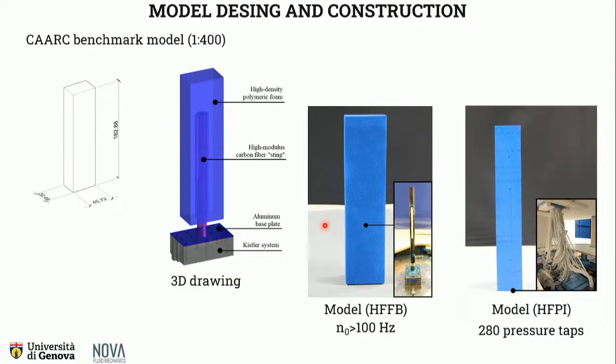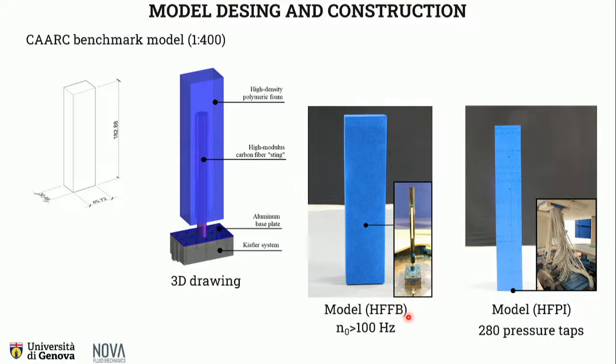The second phase is model testing and construction. So we tested the CAARC benchmark model at a geometric scale of 1 to 400. And we performed both high-frequency force balance and high-frequency pressure integration tests.